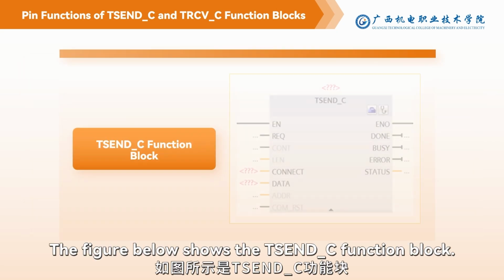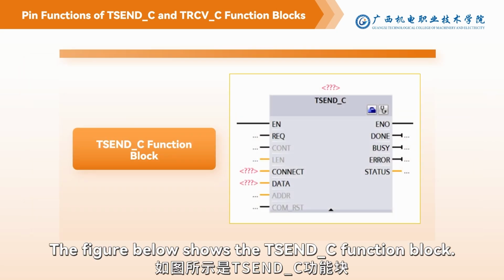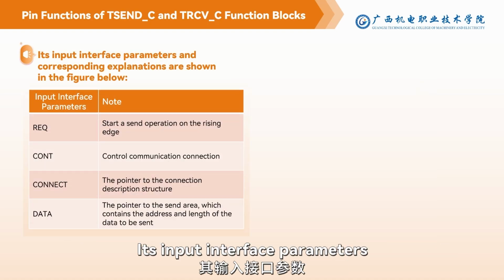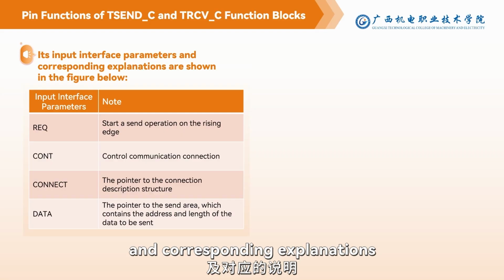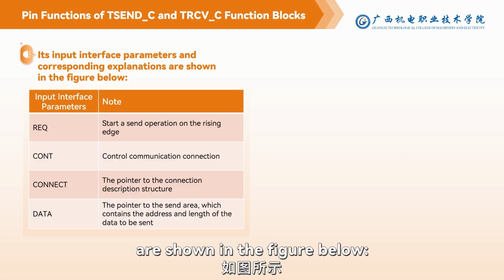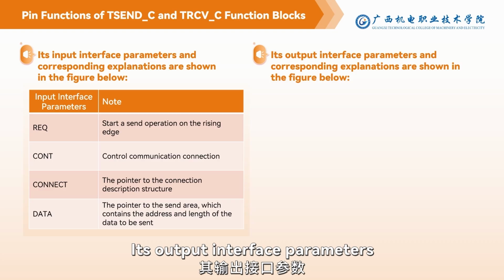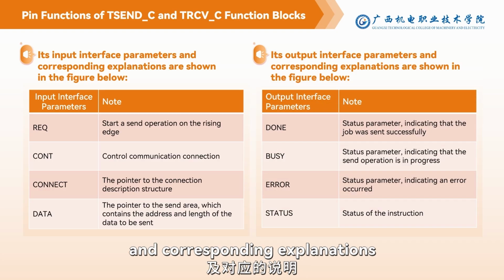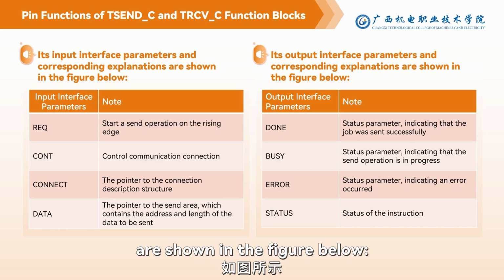The figure below shows the TSEND function block. Its input interface parameters and corresponding explanations are shown in the figure below. Its output interface parameters and corresponding explanations are shown in the figure below.